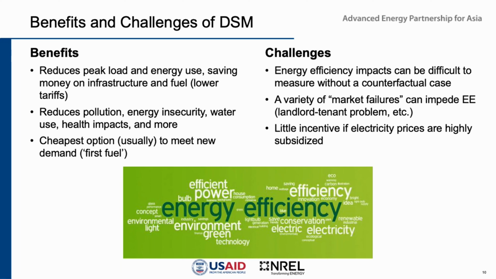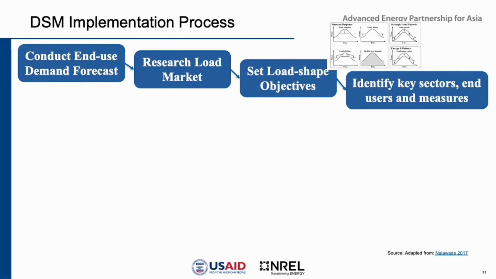Okay, now let's look at some of the steps involved in the DSM implementation process. We begin with an end-use demand forecast of load. And this is focused on using bottom-up forecasting and not top-down approaches.